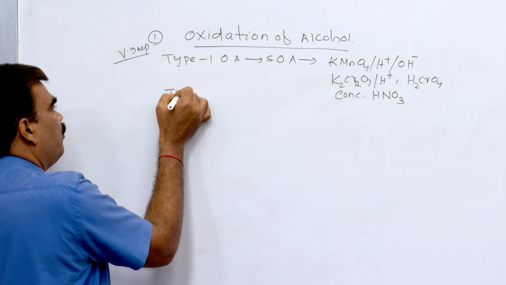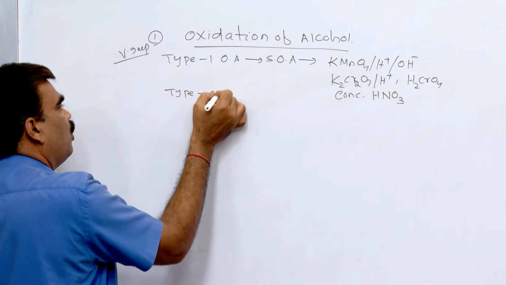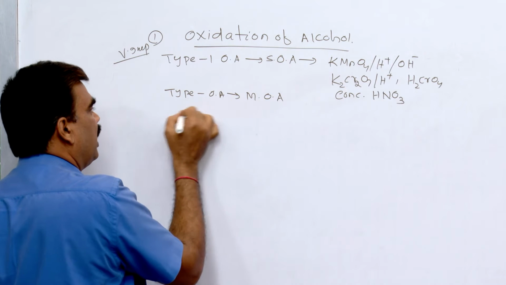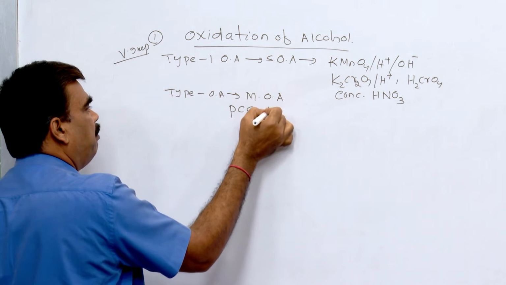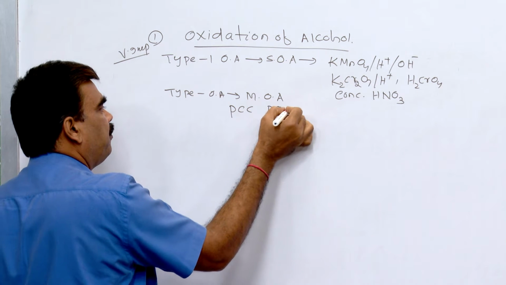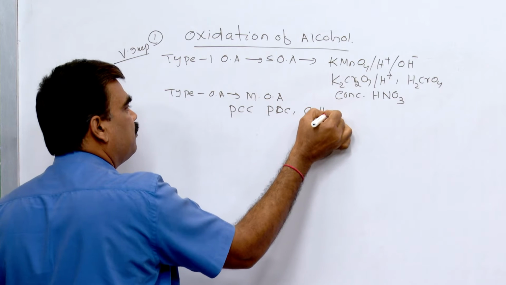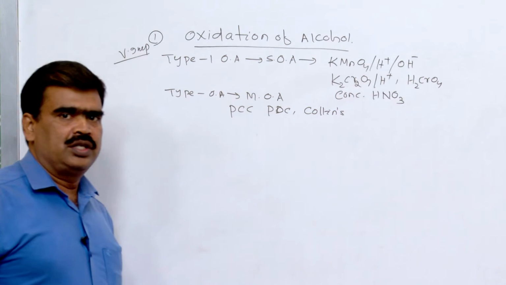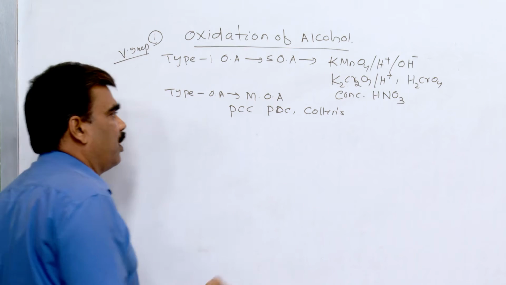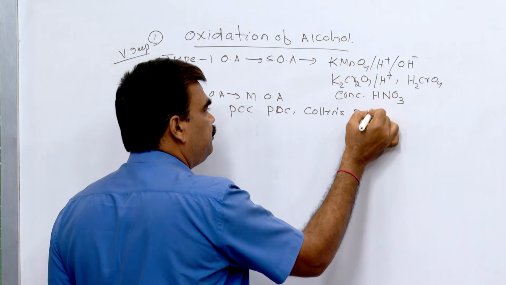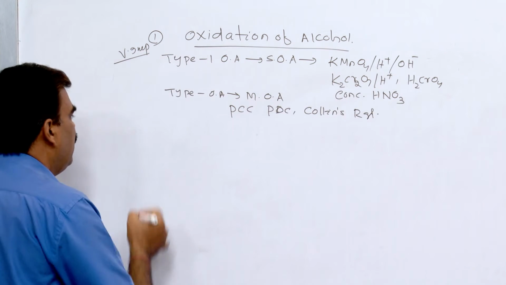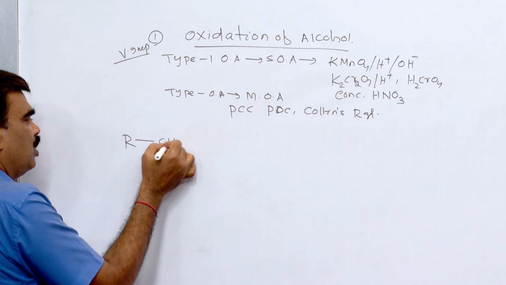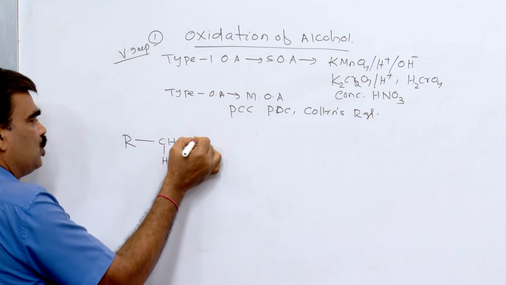Type 2 oxidizing agents are your mild oxidizing agents like PCC, PDC, Collins reagent. These are the reagents I have already discussed in alcohol chapter. You just see, I am taking primary alcohol RCH2OH.